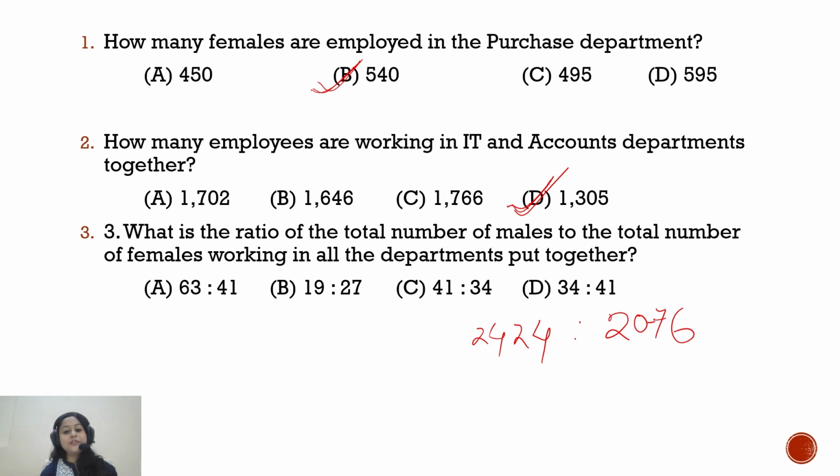Simplify it by finding the common divisor, and the ratio will come down to 19:27. That is option B, right?